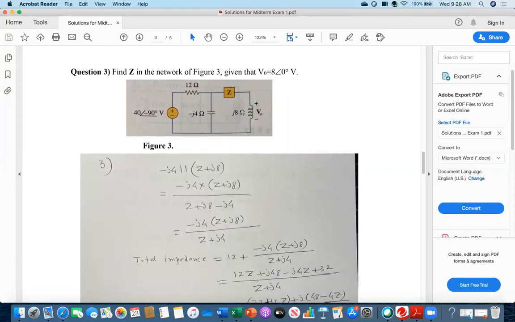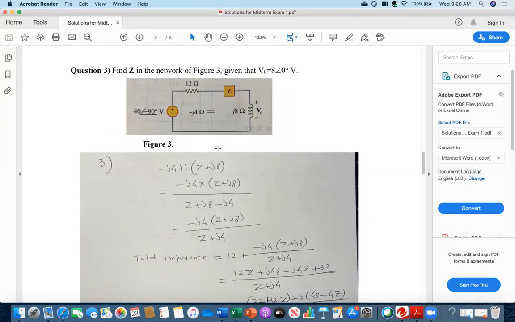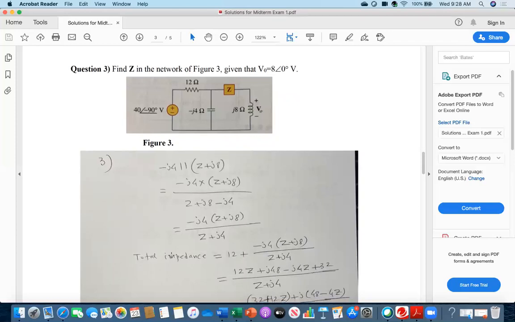First, this J plus J8 is in parallel with minus J4, you see. I am keeping the J as it is, because you cannot do anything, it is just a letter. So keeping it as it is, I just left it in that format. You might express it a different way. And then total impedance is this one plus 12.